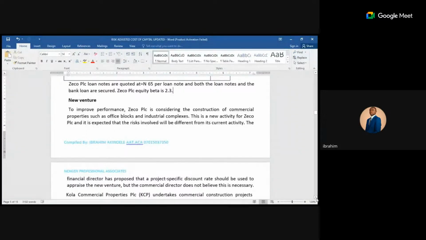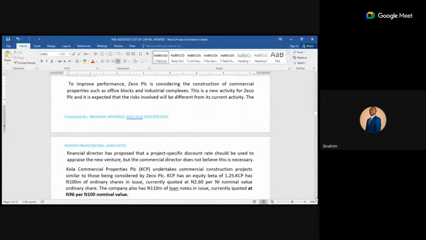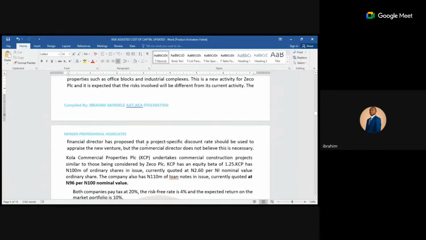Now, the financial director has proposed that a project-specific discount rate should be used to appraise the new venture. Class, the financial director says that a project-specific cost of capital should be used to appraise the project.